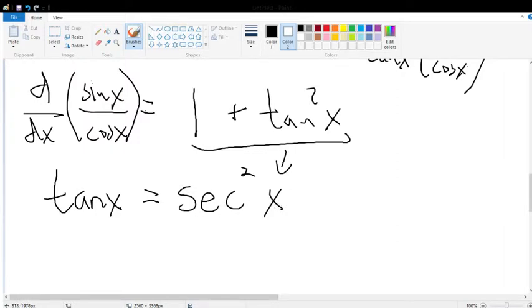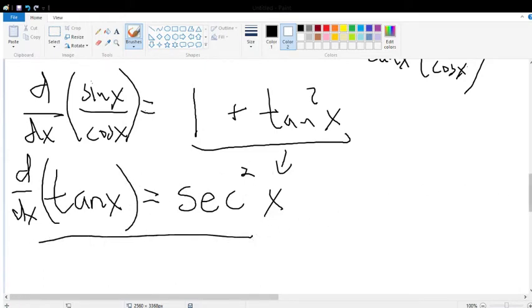And remember what secant is? Secant is just 1 over cosine. So this is 1 over cosine squared of x, which is secant squared of x, right? Yep, so the derivative of tangent of x is not secant of x. The derivative with respect to x of tangent of x is equal to secant squared of x.